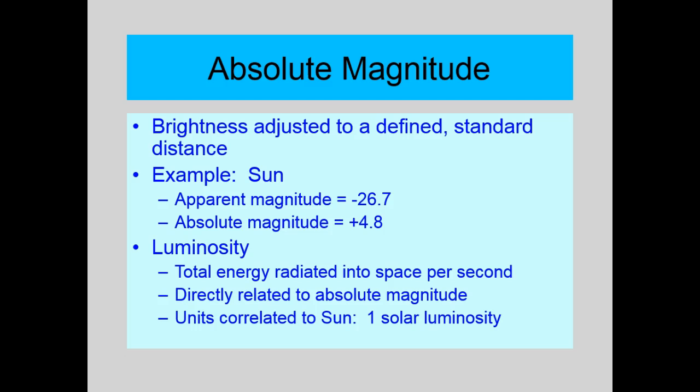The brightness is adjusted to a defined standard distance. So our sun, the apparent magnitude of it was minus 26.7, way up there. Its absolute magnitude is below normal. That's plus 4.8.